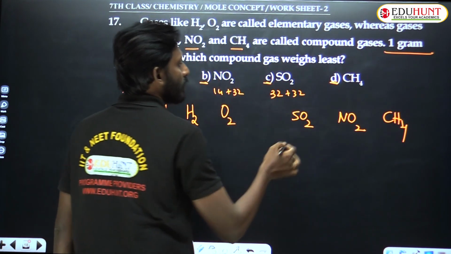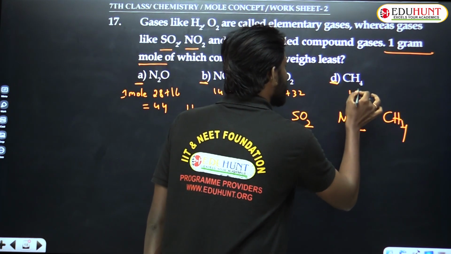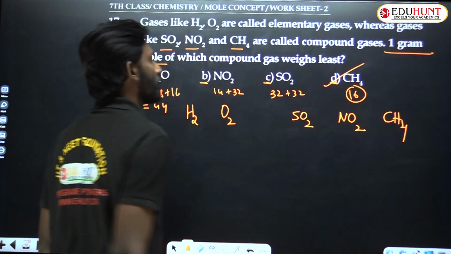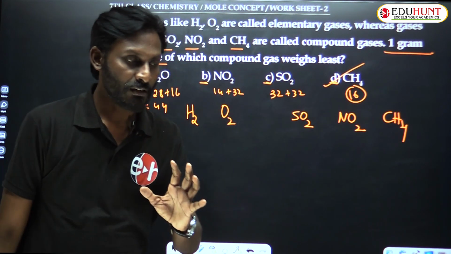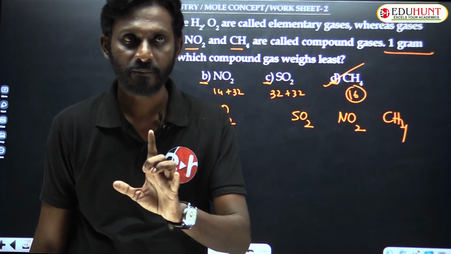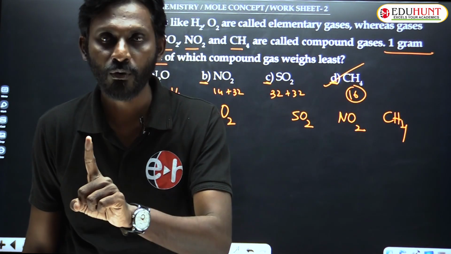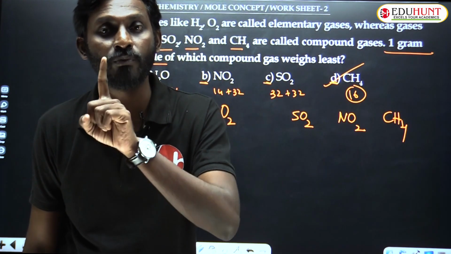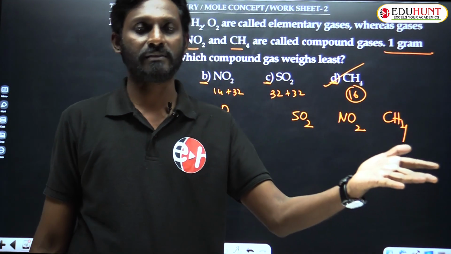We need the least one. CH4 is 16, so the least one is methane. Whatever compound you take, if you take 1 mole of that compound, then the mass will be equal to the molar mass.